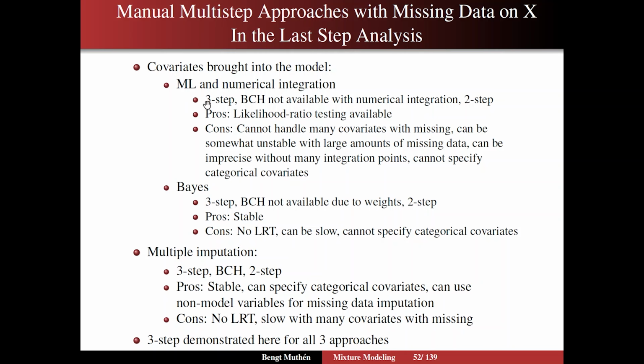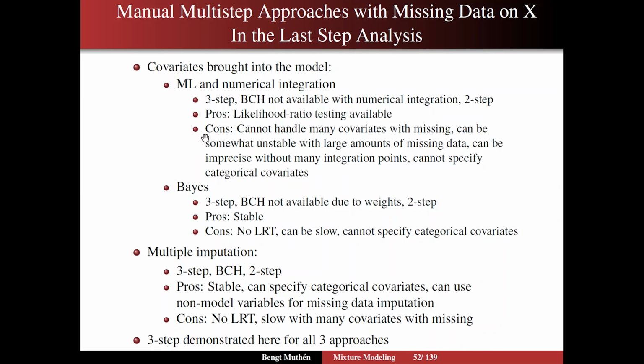With ML, you have the choice of 3-step and 2-step, whereas BCH is not available with numerical integration. And the advantage here with the ML numerical integration is that you get likelihood ratio testing available.